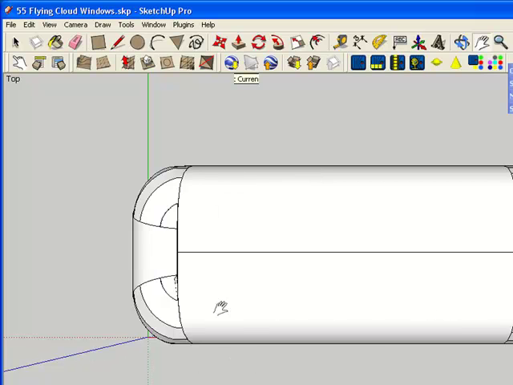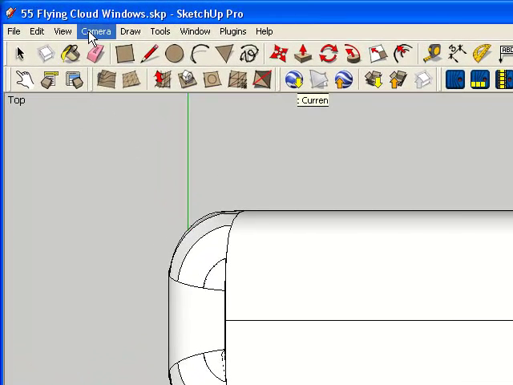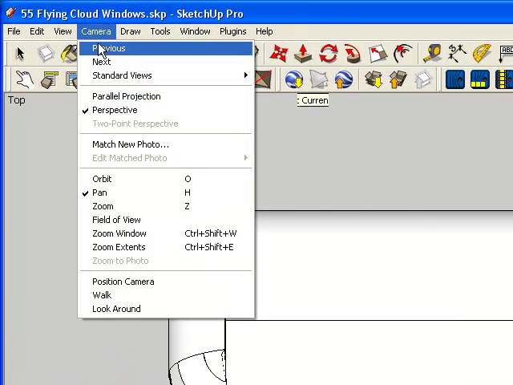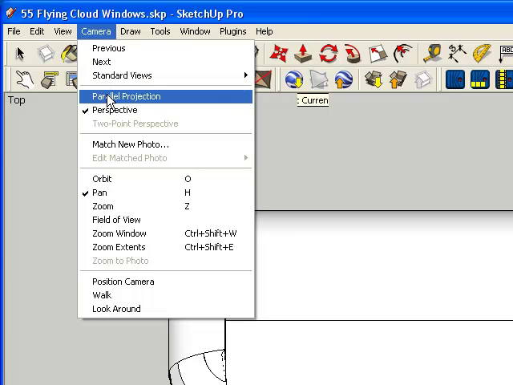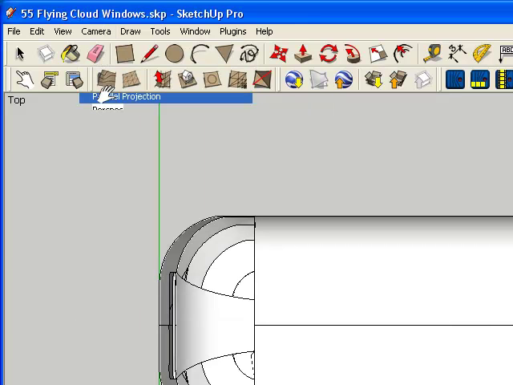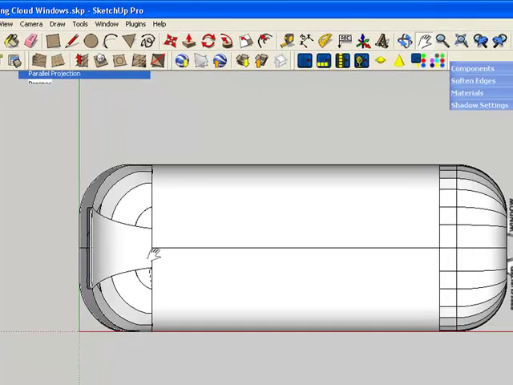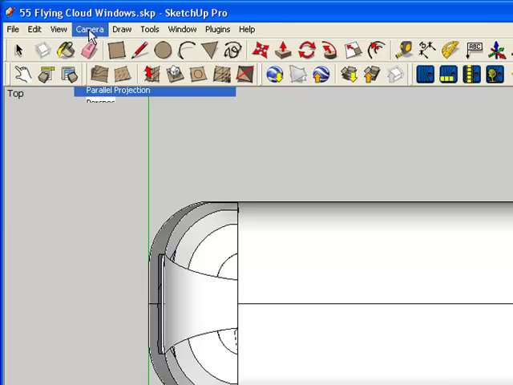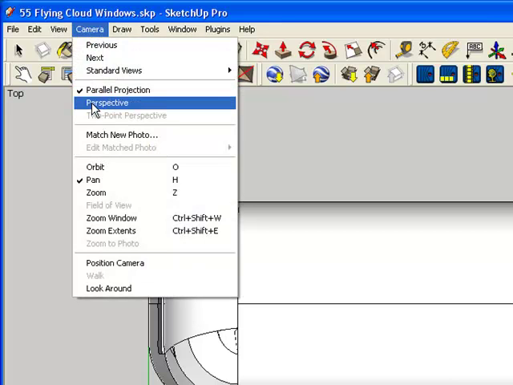Now right now this is a top, still somewhat of a perspective view, so I want to go to camera and click on parallel projection, and you can see how that changes. See how you're looking right straight down on the trailer. Let's go back up to camera and click on perspective again.